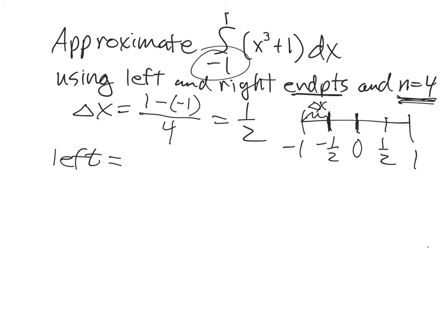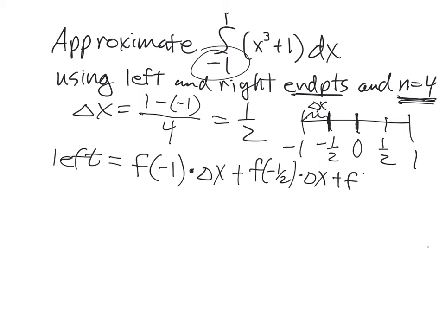So with the left endpoints, we would have f of -1 times our delta x plus f of -1/2 times delta x, and I'm showing a lot more work than you'll have to do, but just to see where it comes from.